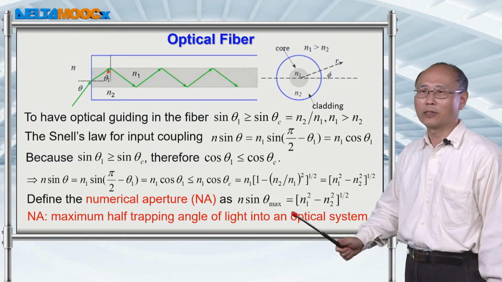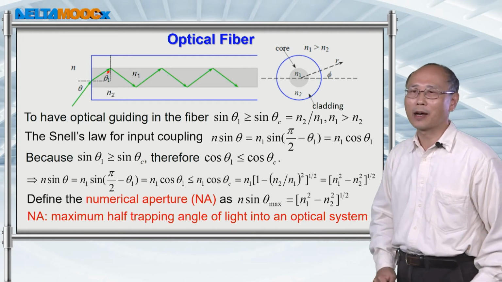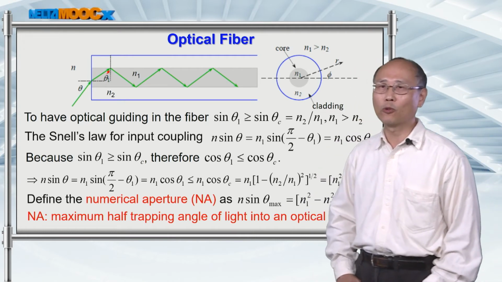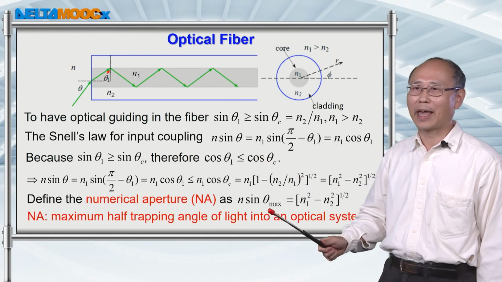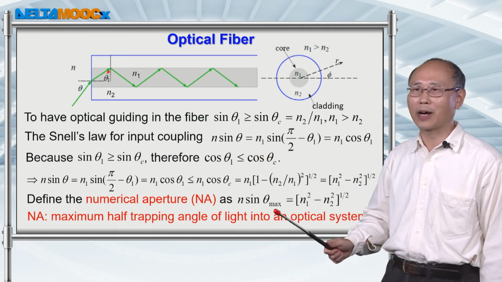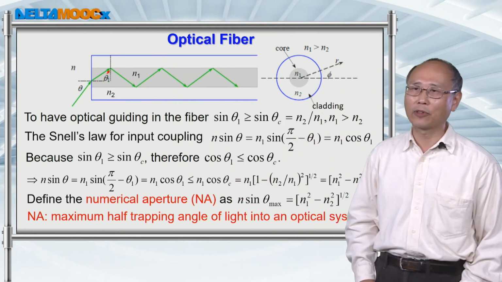And this tells you how you want to couple the wave, the optical wave, into a piece of optical fiber. You cannot send a wave with an angle larger than this value. Otherwise, your wave cannot be guided inside this optical fiber.